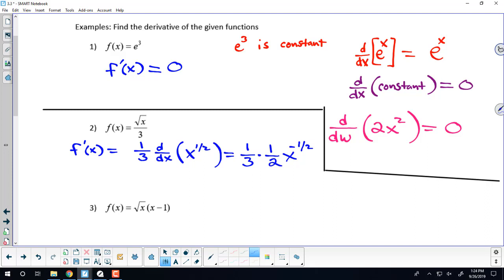And then I just multiply 1/3 times 1/2. Right. And then we can reconcile the constants. We have 1/6 x to the negative 1/2.